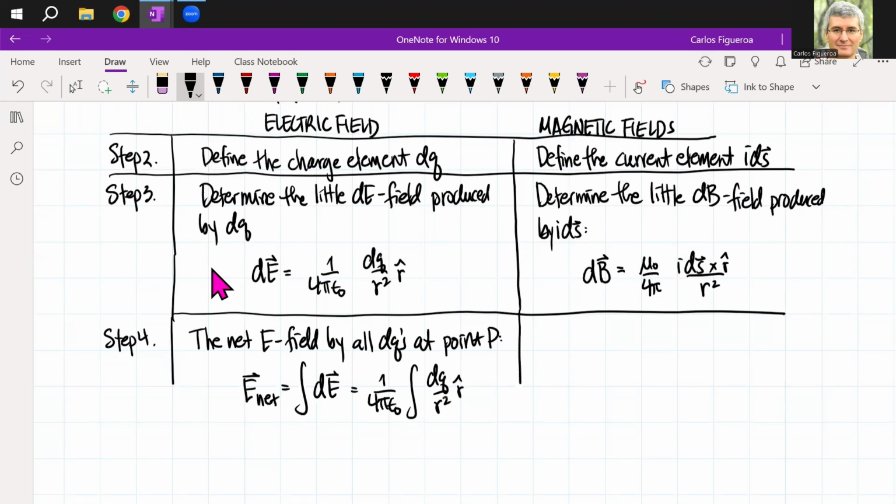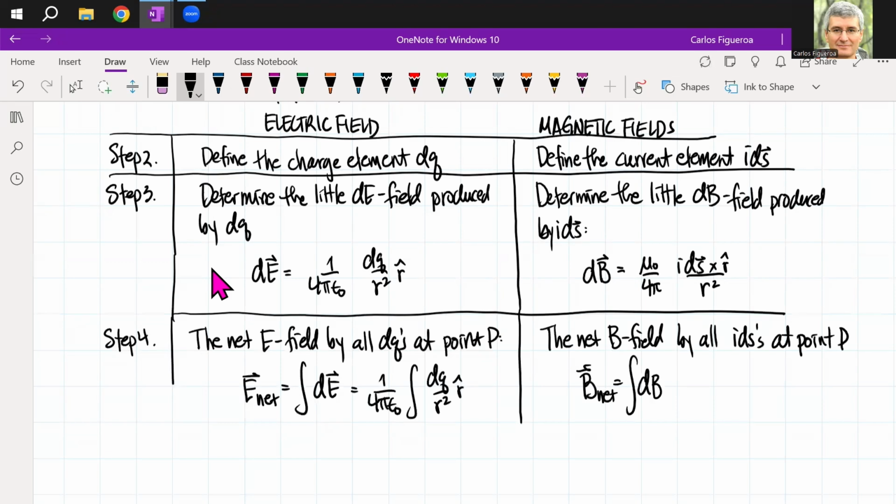I do the exact same thing for the magnetic field. We say the net magnetic field by all current elements at point P, and we get that net magnetic field by integrating over all of the little dB fields, which leaves us with this final integral that we have to do.